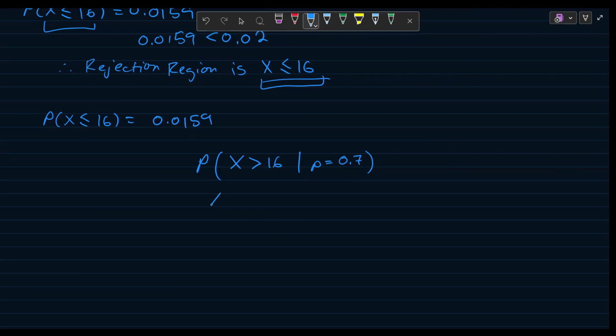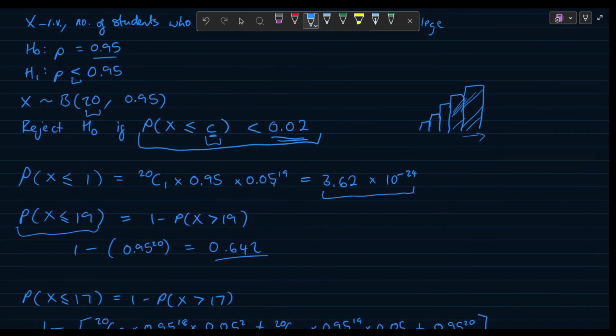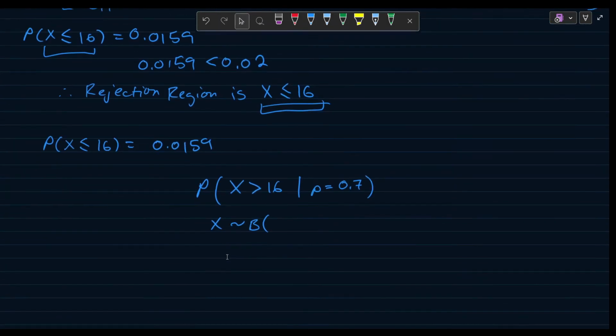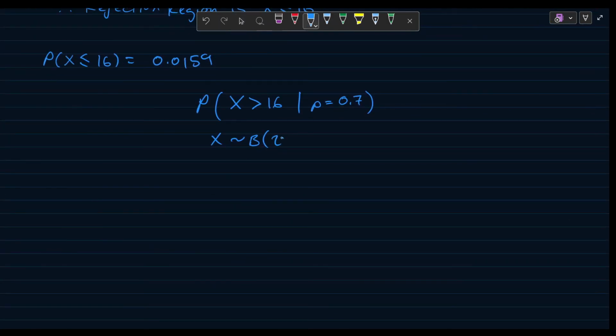So now x follows a binomial distribution with our sample size, which is still 20. We've just corrected our probability, so the sample size is 20 and our probability is 0.7. So let's evaluate the probability that x is greater than 16. That's x is 17, 18, 19, 20.